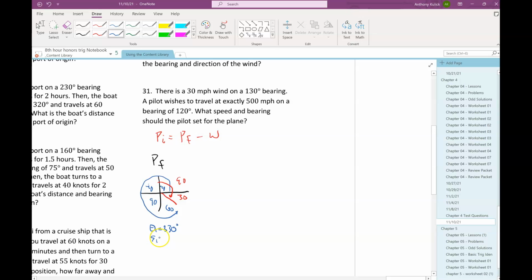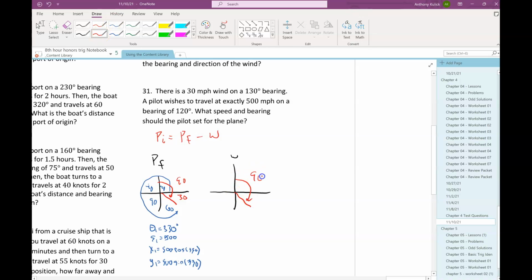Speed is 500. So x1 is 500 cosine 330, and the y1 is 500 sine 330. And the wind, 130 is the bearing on the wind.